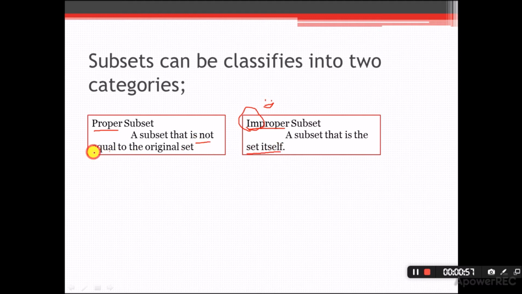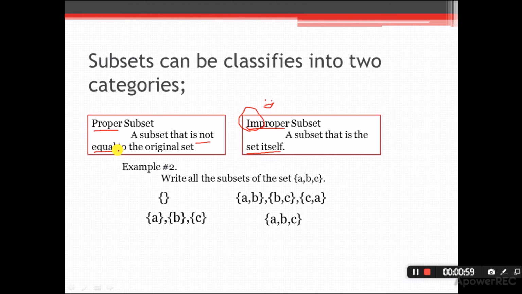We could have example number 2: write all the subsets of set {A, B, C}. The first subset is a proper subset. As you can see, it's not equal to the original set, which is the set of A, B, and C. The second one is also a proper subset.